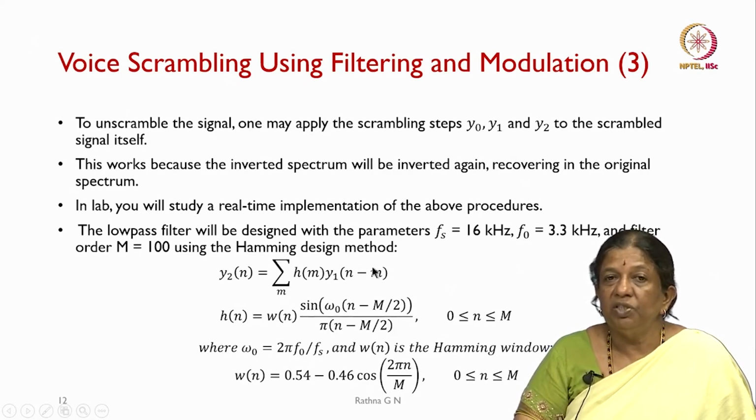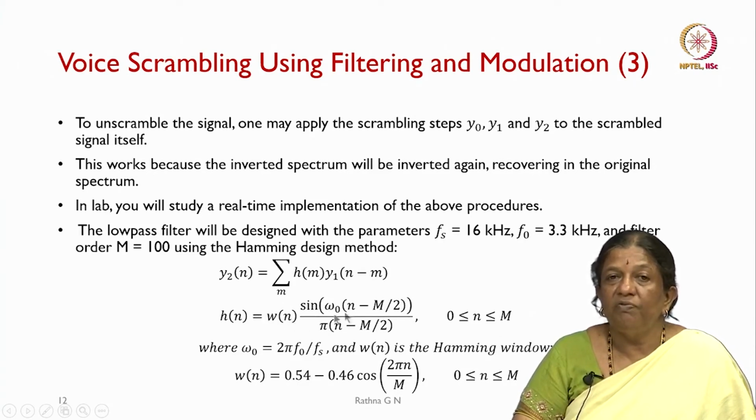Our convolution equation is given as y2 of n is our output. This will depend on your order m, in this case 0 to 99, h of m into y1 of n minus m. And h of n, our impulse response, has to be restricted with respect to the window, because this is continuous from minus infinity to infinity, what we assume.